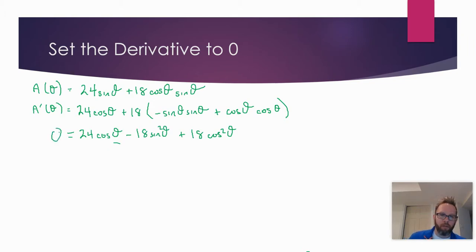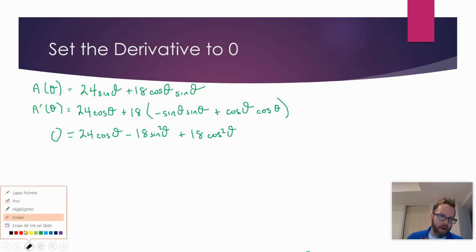And if we think about the strategies we learned earlier, there's no easy way to solve for any of these by itself. Right now we have cosine theta and sine theta. We could do a substitution like part C, but it's not quite ready for us to do that because we have sine squared theta and cos squared theta. So we are going to make use of the Pythagorean identity, but maybe not in the way you thought.